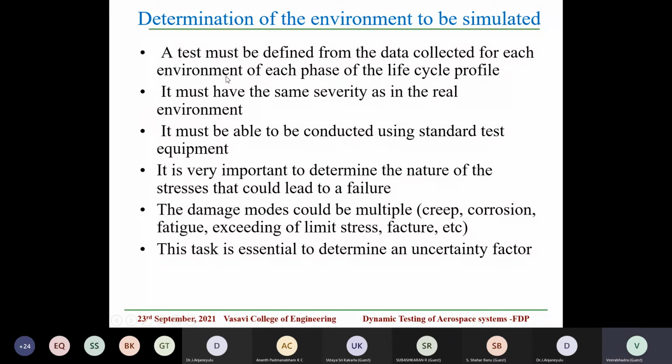Now after you know the test methods, like shock, vibration, you have to derive the test specifications, and that test specification should represent the actual damage of the measured data, it should be possible to simulate it in the laboratory, and you should also consider some uncertainty factor, if you want to put it.